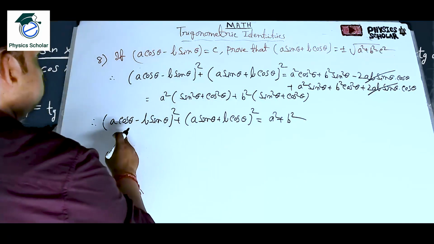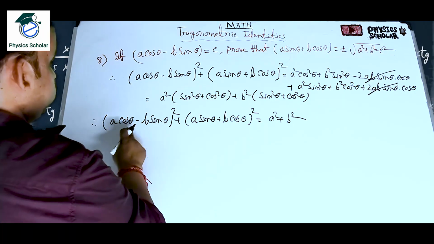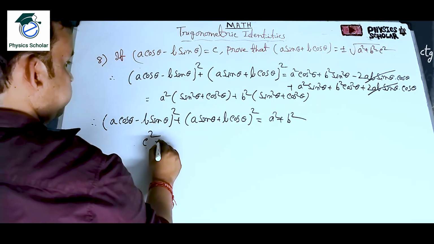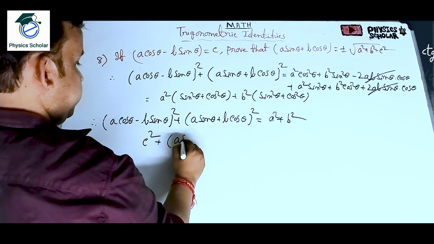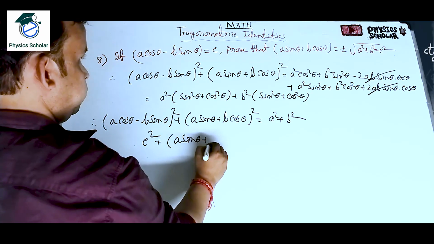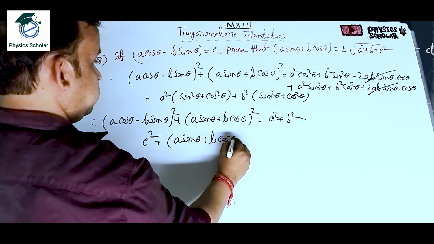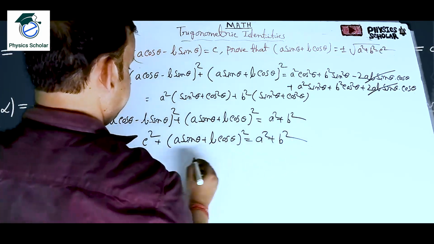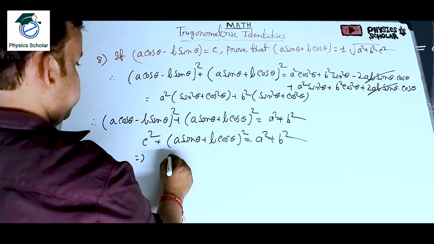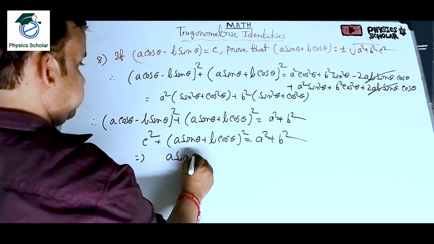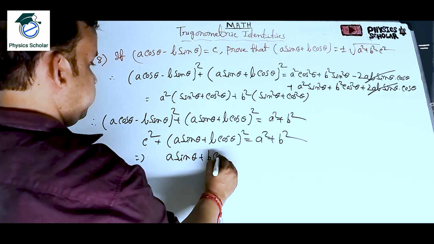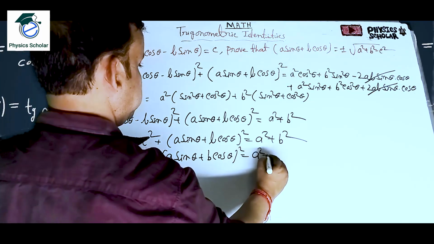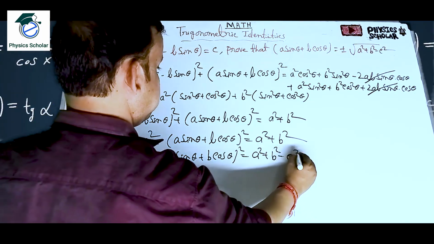Clear? So now a cos theta minus b sin theta means c. That's why you can write c square plus a sin theta plus b cos theta whole square is equal to a square plus b square. Therefore a sin theta plus b cos theta whole square is equal to a square plus b square minus c square.